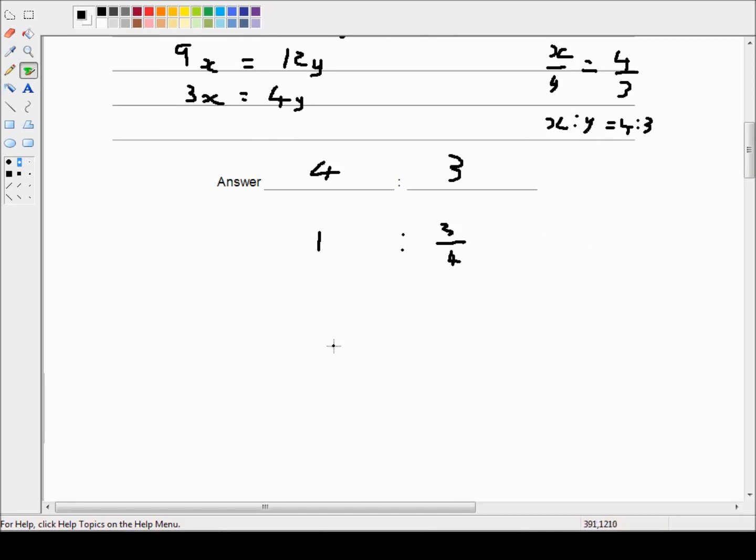Or we could have said that it is 4 over 3 to 1. Any of those would have been acceptable answers.